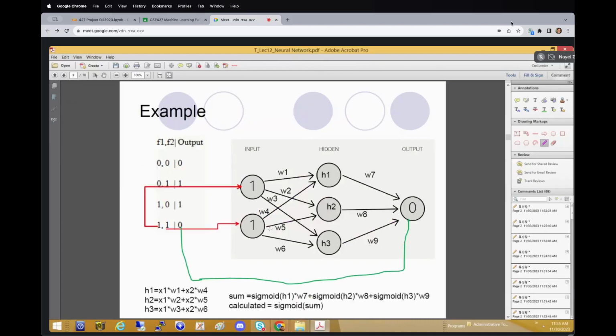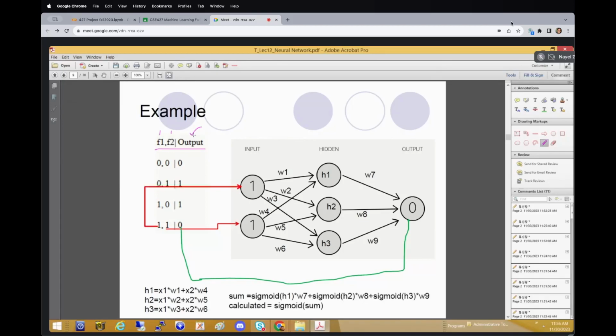At first, the forward propagation. Specifically, forward propagation is to find out the predicted values. So in forward propagation, let's say we have a neural network for this data set, and in this data set we have two features, f1 and f2, and the output.